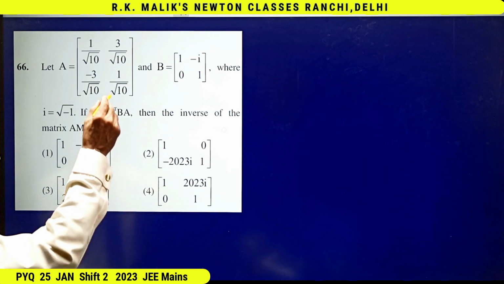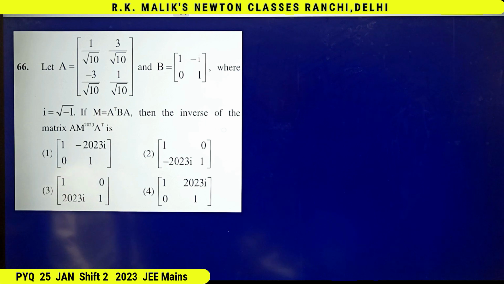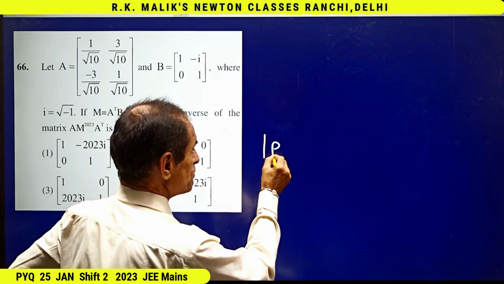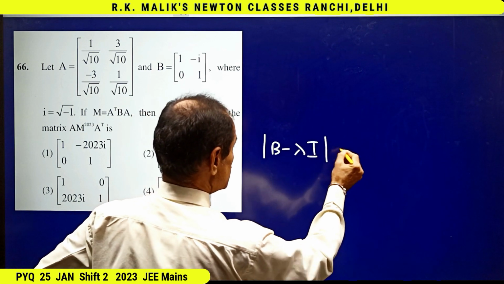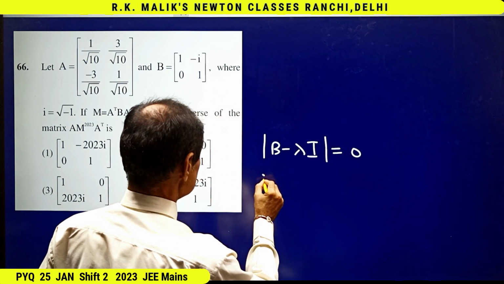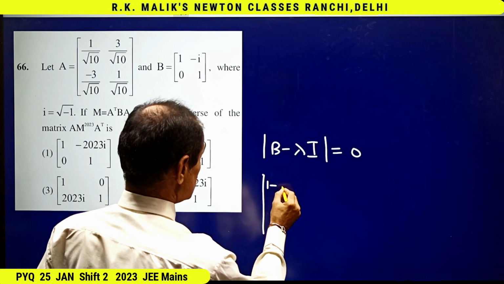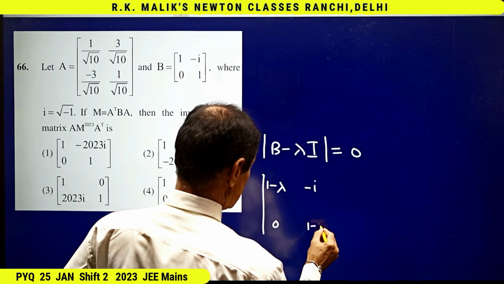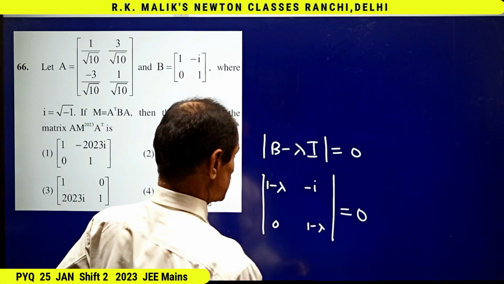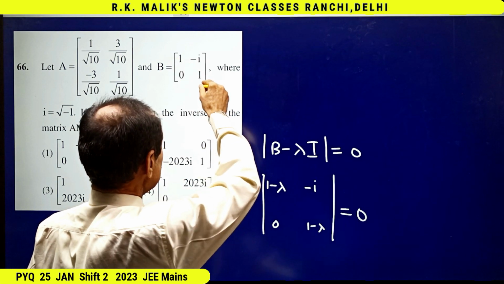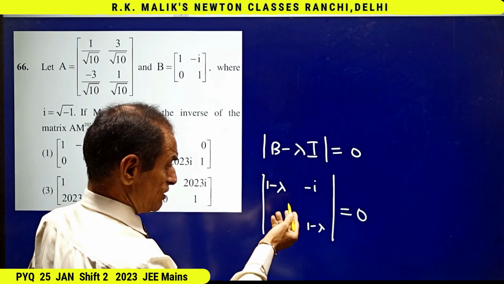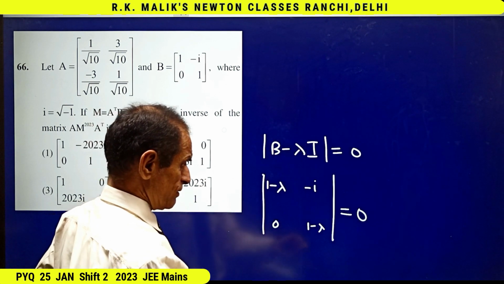The Cayley-Hamilton theorem says that matrix X will satisfy its characteristic equation. Because I have to find a higher power of B, first I will find the characteristic equation of matrix B. That is, I will find the determinant of B minus lambda I equal to 0. That is, 1 minus lambda, minus i, 0 and 1 minus lambda, equal to 0. That is, we subtract the number lambda from all the diagonal elements, keeping all other elements the same.